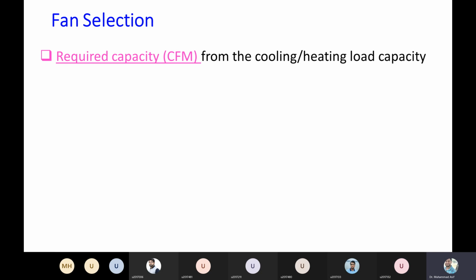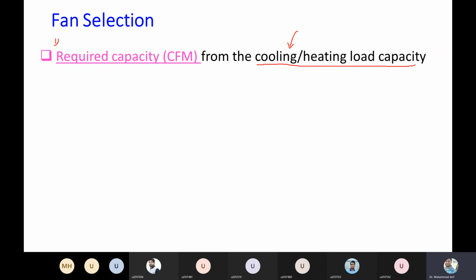How do you know that? You have already decided it from the heating and cooling load calculation. If you recall, how much is the ventilation flow rate, how much air is required. So these calculations you have already done in the cooling and heating load. From there, the first input that would be required is the required capacity.